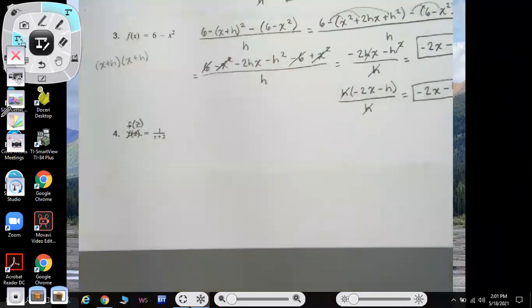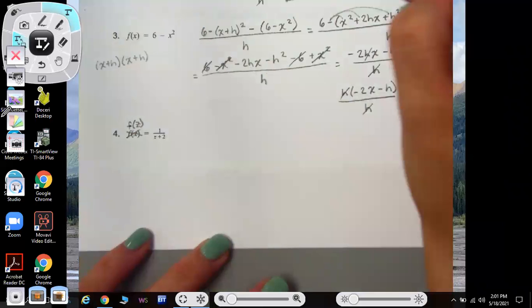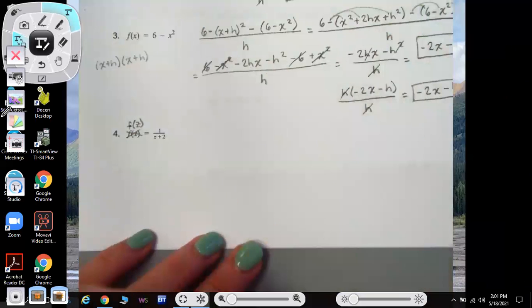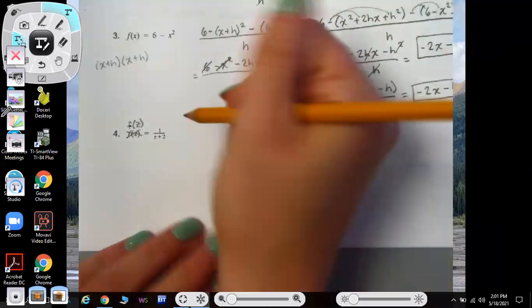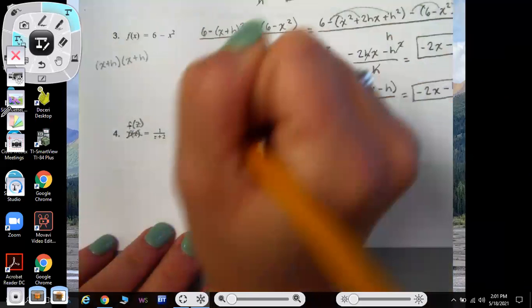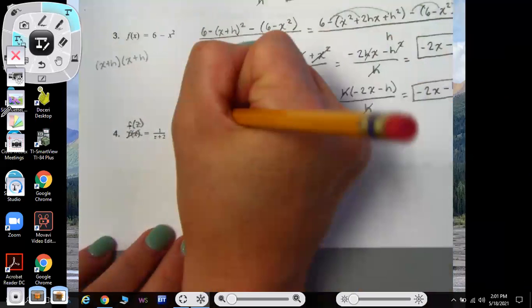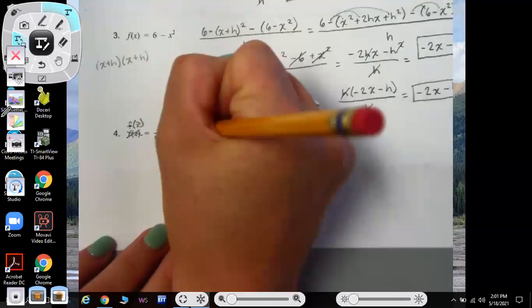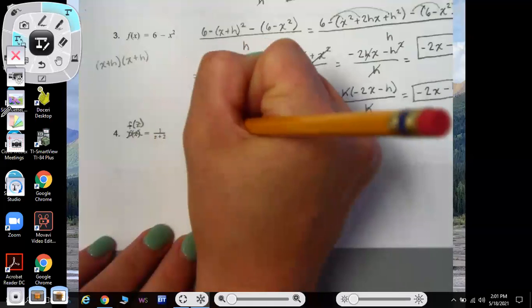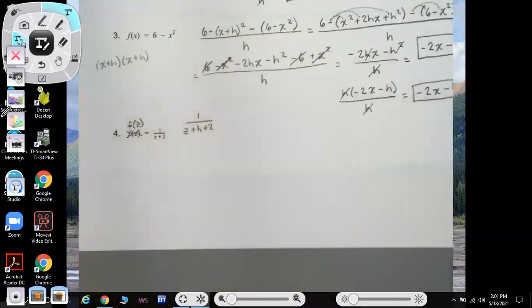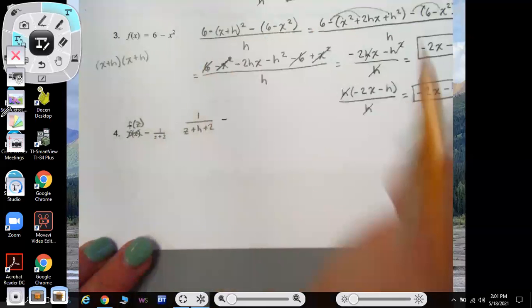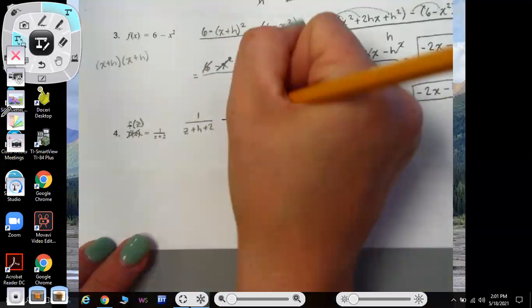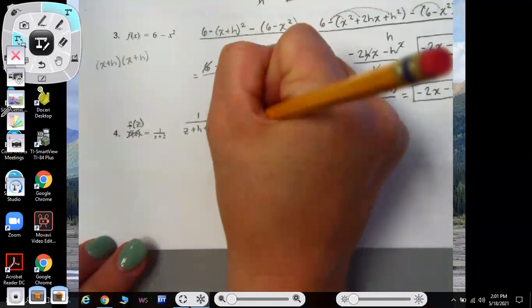Okay, so using our formula, f of x plus h, or in this case, f of z plus h, for number 4 is 1 over z plus h plus 2, minus f of x, or f of z in this case, which is 1 over z plus 2.